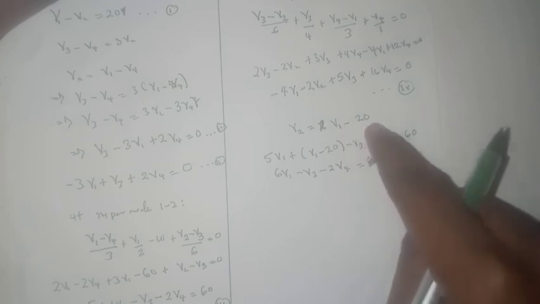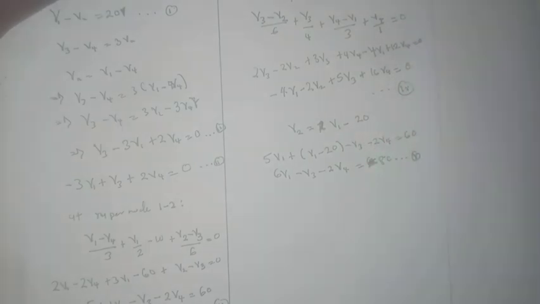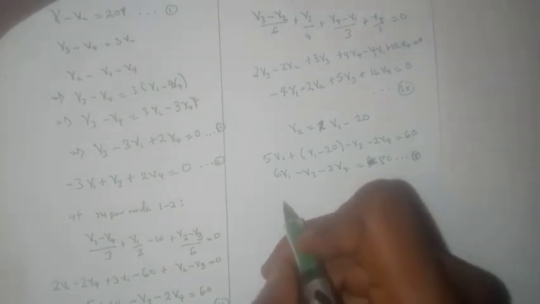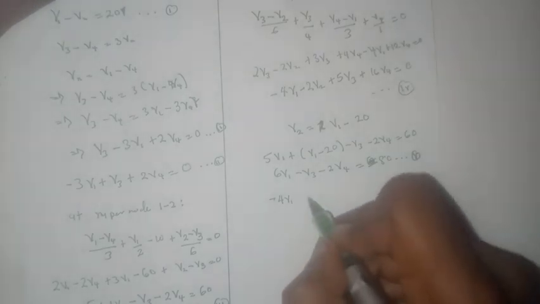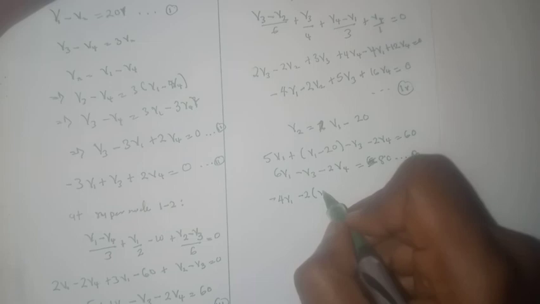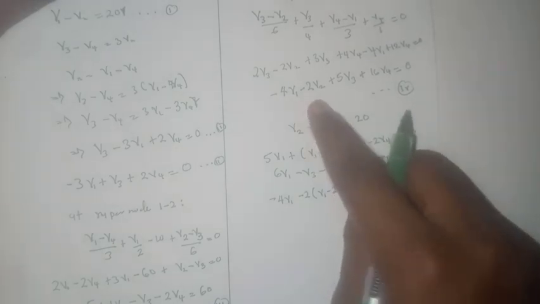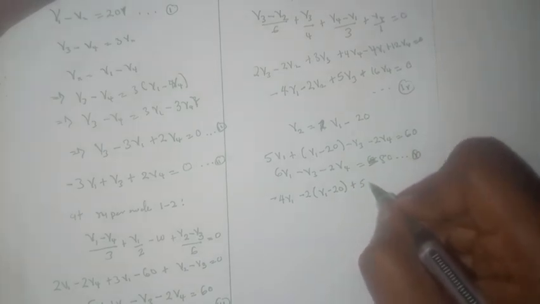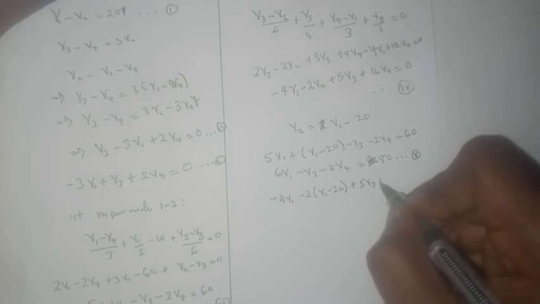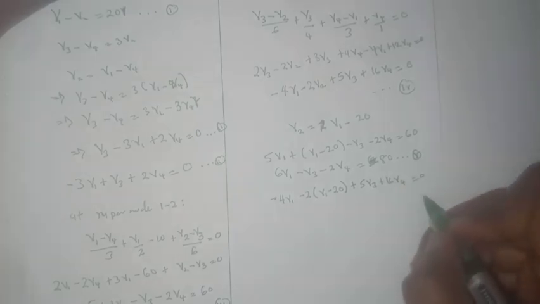If we substitute V2 into the fourth equation, we would get minus 4V1 minus 2(V1 minus 20) plus 5V3 plus 16V4 equals 0.